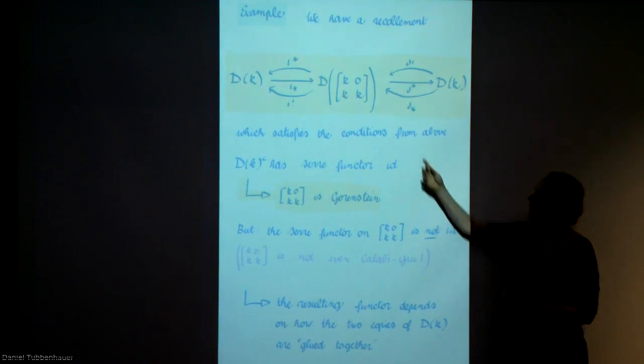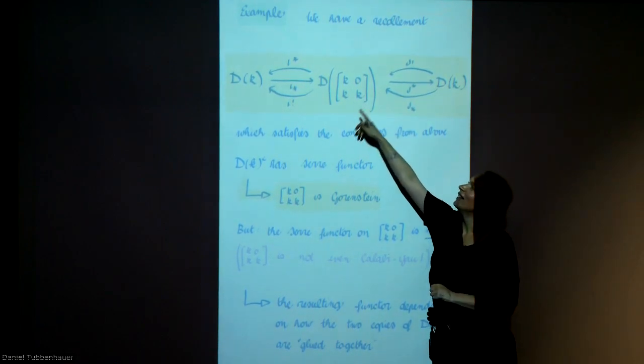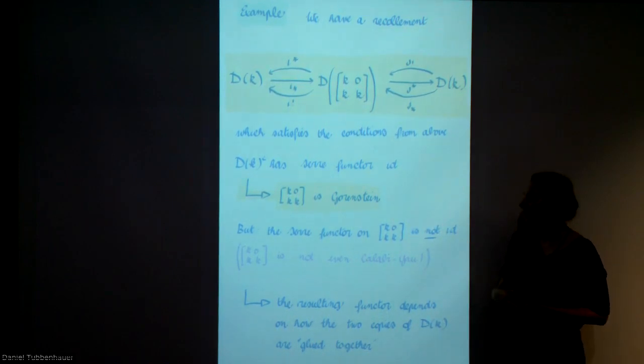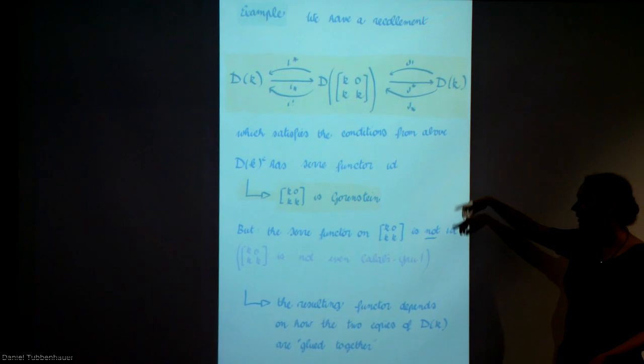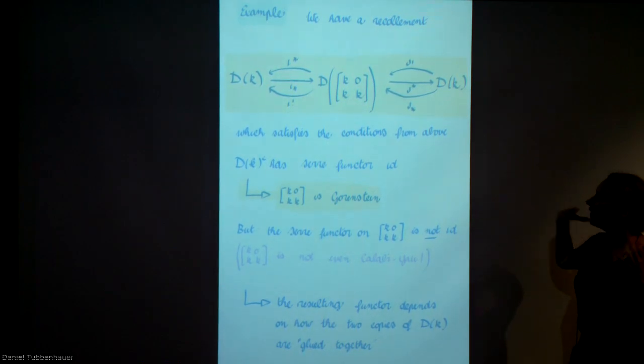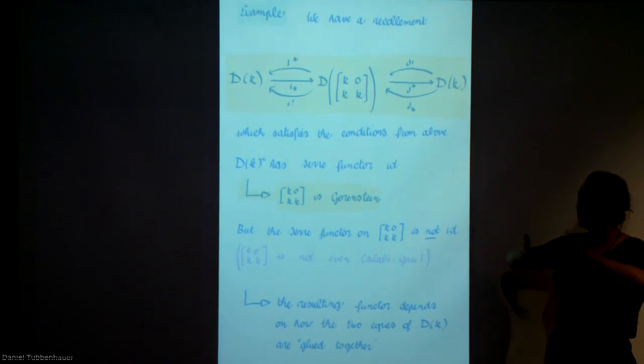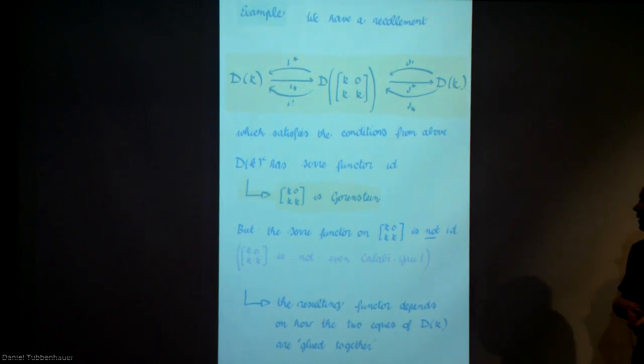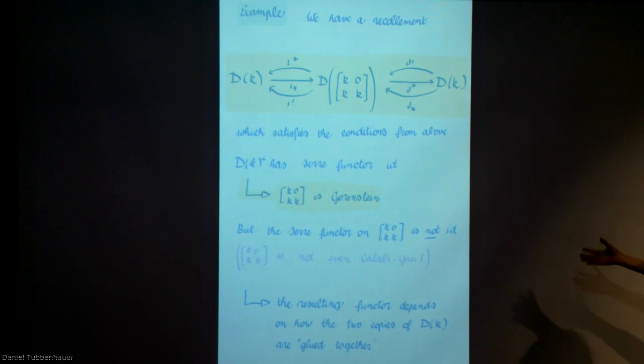In fact, this is not even a Calabi-Yau algebra, so that means the Serre functor is not even just a suspension. It is a little bit more complicated. So your resulting Serre functor is going to very much depend on how you glue those two copies together. Okay, so it's an indication that constructing the Serre functor is not that easy or that obvious, at least from the recollement.